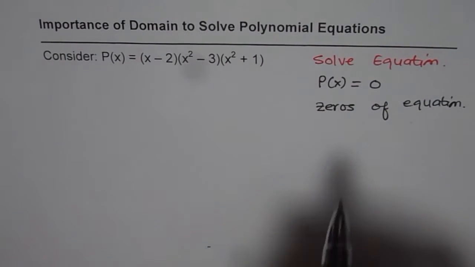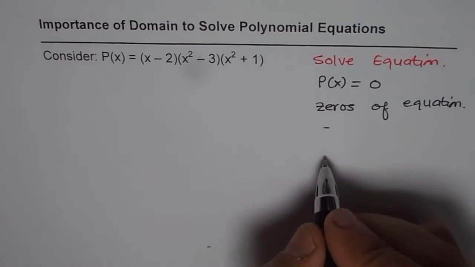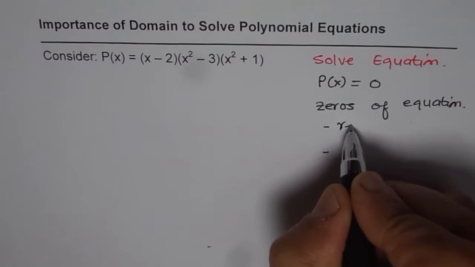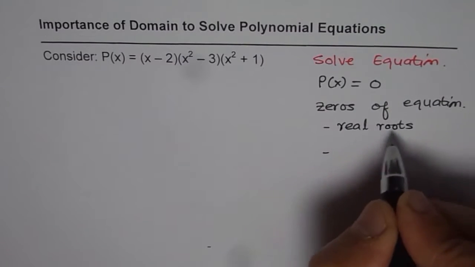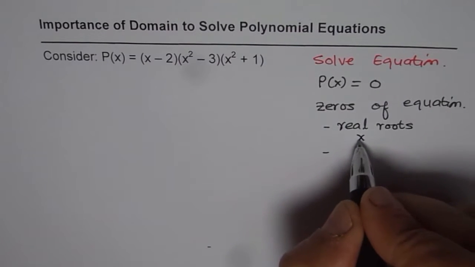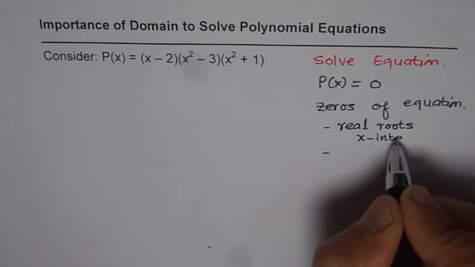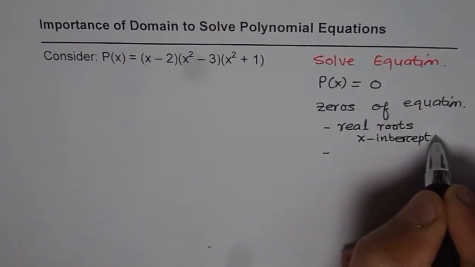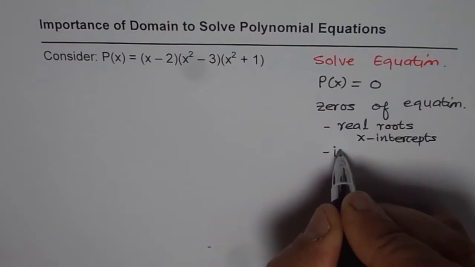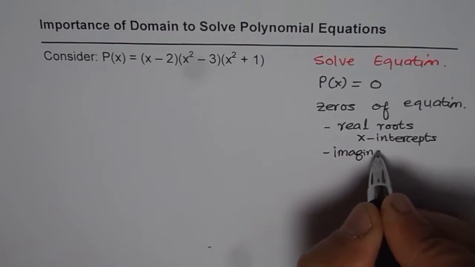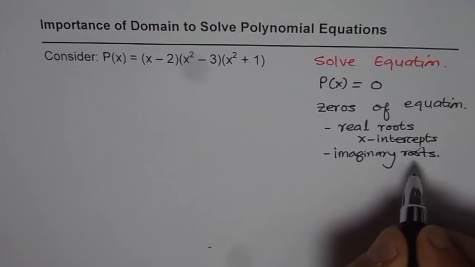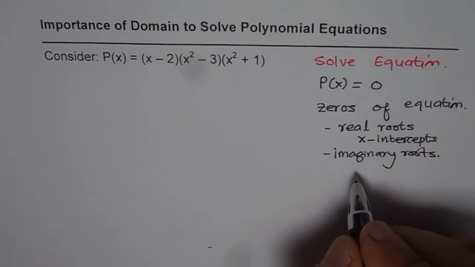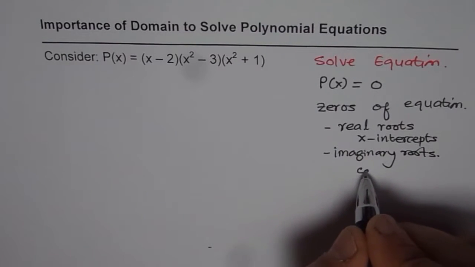Now, zeros could be real or imaginary, right? So we can have therefore real roots. Now real roots means x-intercepts. And we could also have imaginary roots. Now when we are talking about imaginary roots, we are talking about a domain which includes complex numbers.